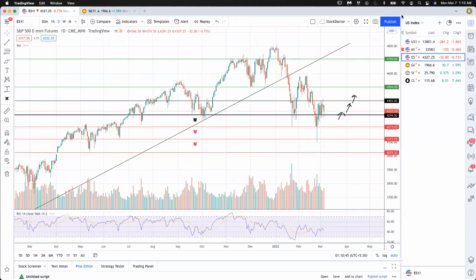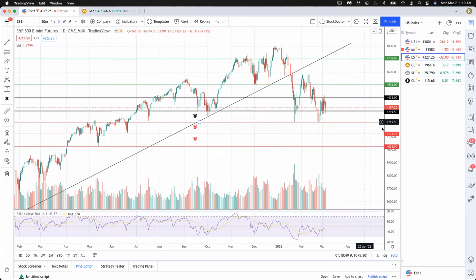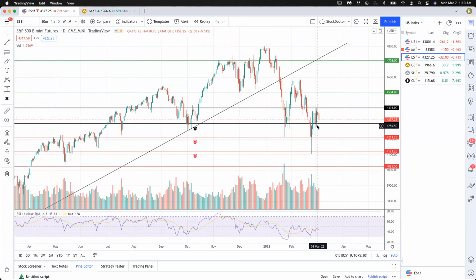The next index we have is the S&P 500. The same thing applies to the S&P 500. Once it starts trading below 4300, the first target will be around 4210, the second around 4120, and the third around 4025.